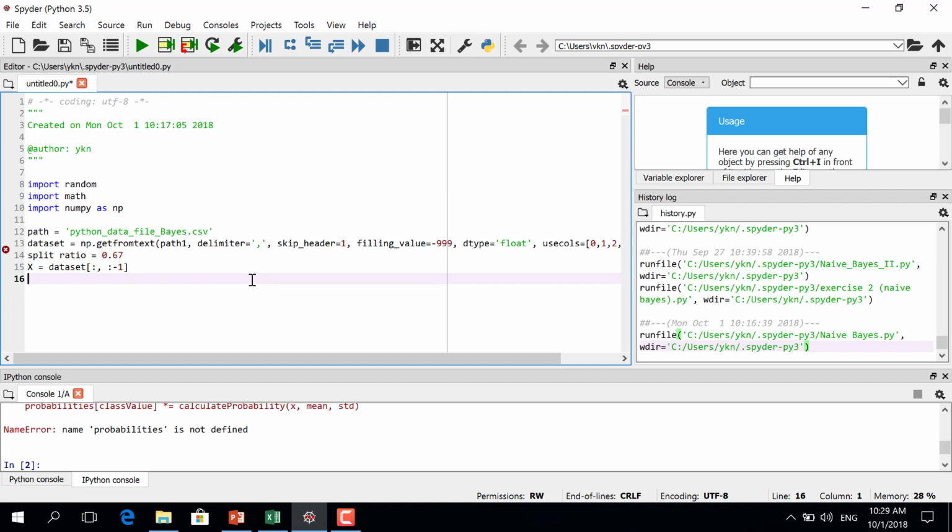So everything before the last column is the column for independent variables. So here we have y, data set, -1, means the last column is data for the dependent variables.